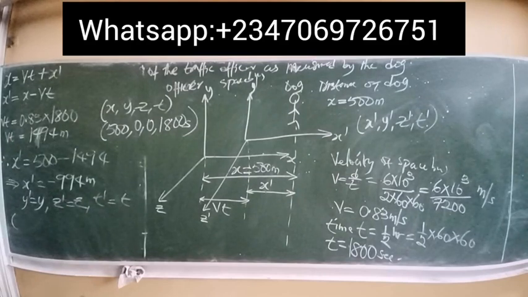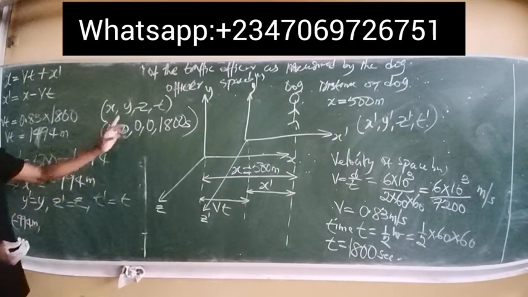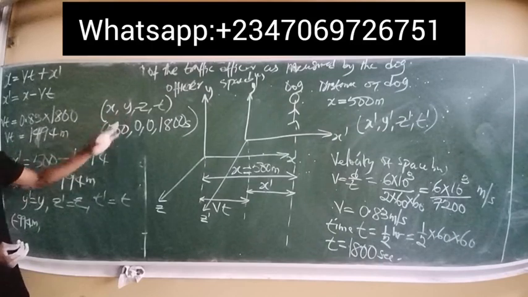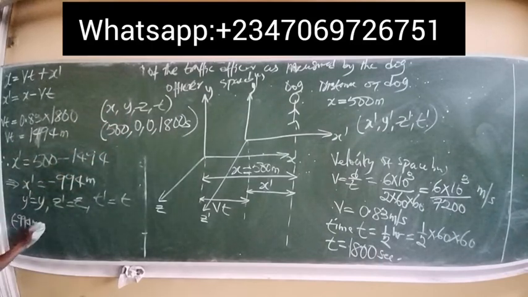The coordinate of the dog as measured from the space bus is given as x prime, which is minus 994 meters. y prime is 0, because y prime is equal to y, which is 0. z prime is also equal to z, and z here is 0, not given.